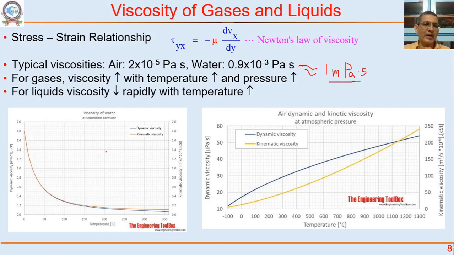Here are just some graphs of how this viscosity changes with respect to temperature. This is the dynamic viscosity in terms of millipascal second versus temperature. The graph is not very clear, but you might have to zoom in and see for yourself. You see how exponentially this curve falls, how exponentially the viscosity of liquid water reduces with temperature. So typically a liquid's viscosity decreases very rapidly with temperature.